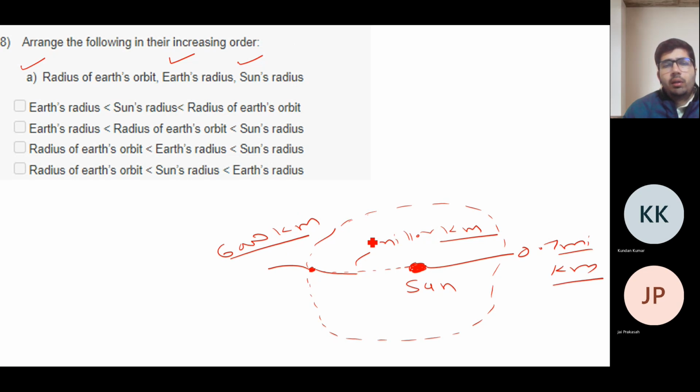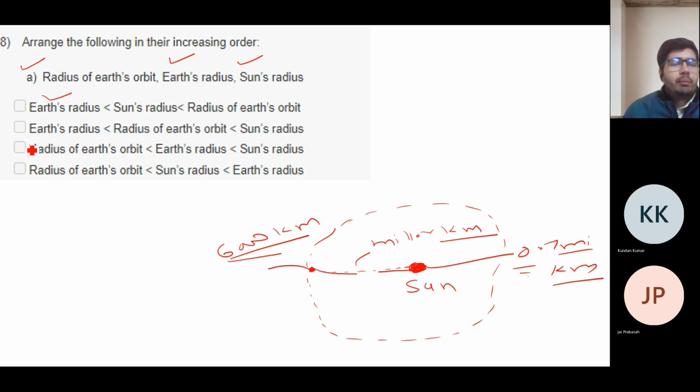kilometers. So you can see from this data that Earth has the lowest radius. After that, the Sun's radius, and after that the radius of this orbit. So we have to arrange in increasing order. First will be Earth radius.